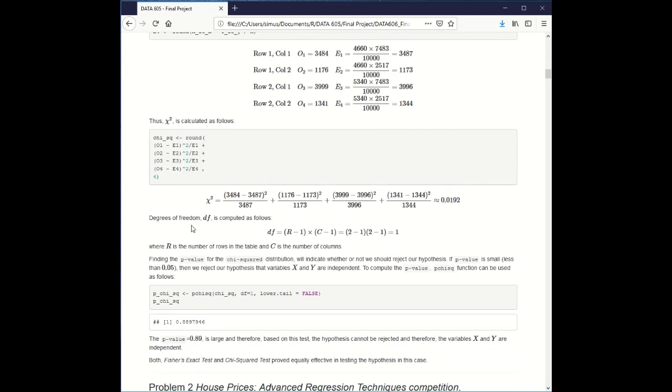Then we can follow the same principle of finding the probability that tells us how far we are from the expected value.